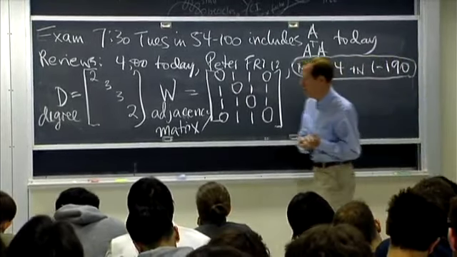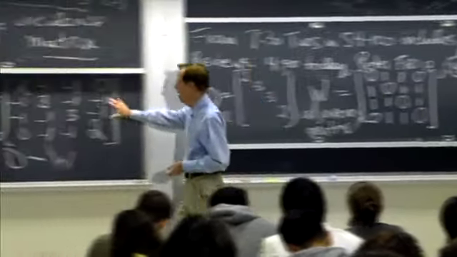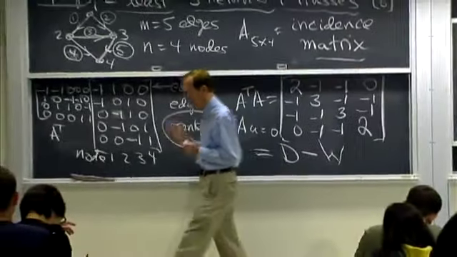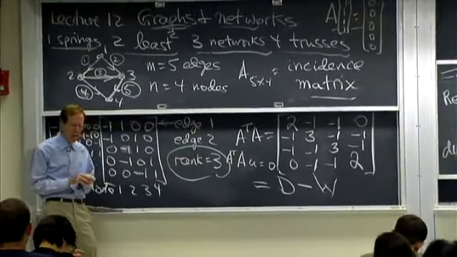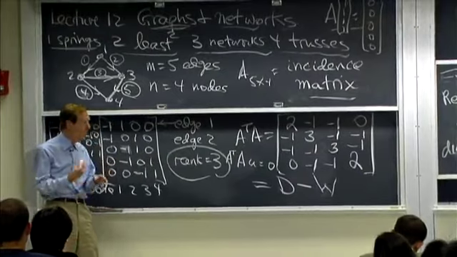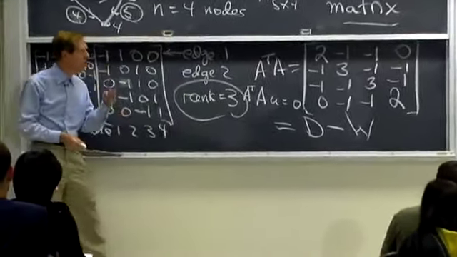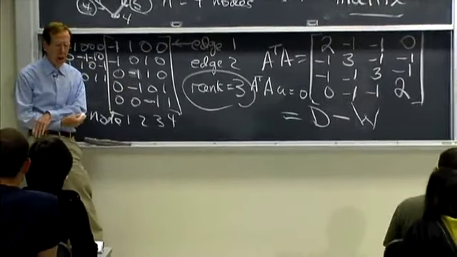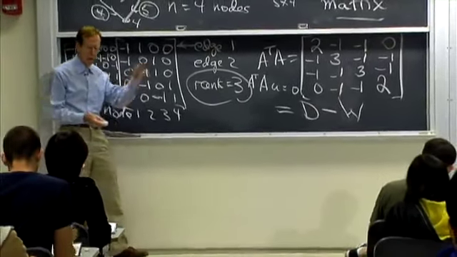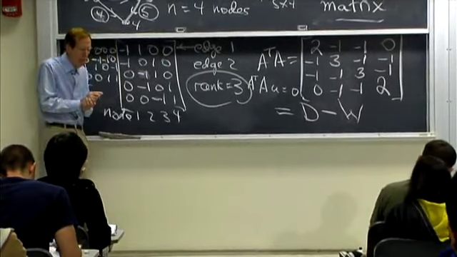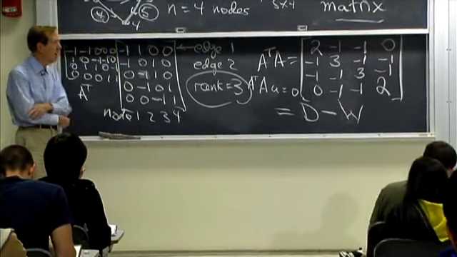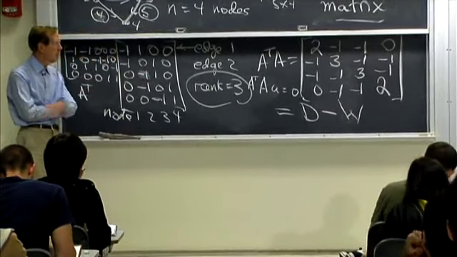Here are the key matrices. I venture to say that any afternoon at MIT, there's a seminar that involves these matrices. One name for this is the graph Laplacian, from Laplace's equation, and we'll see pretty soon where that name is coming from. But it's there.